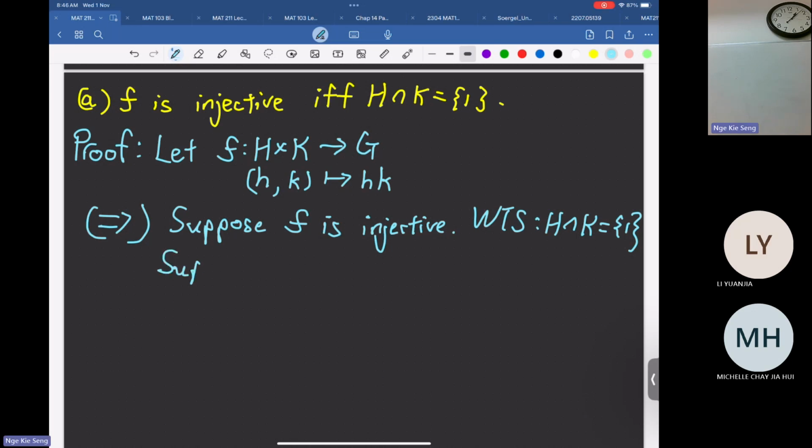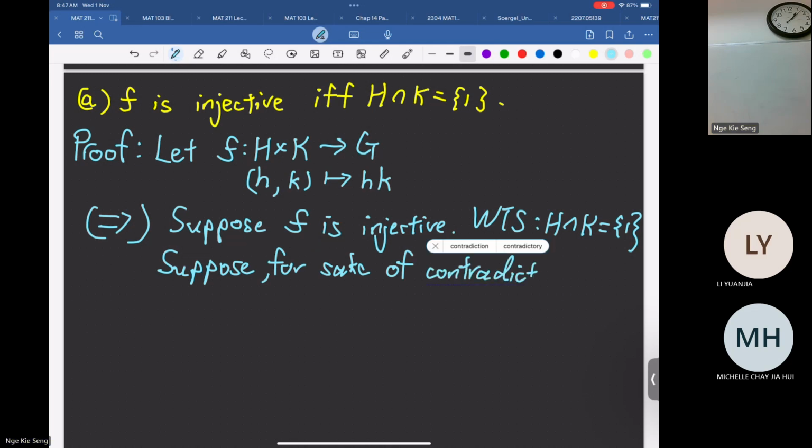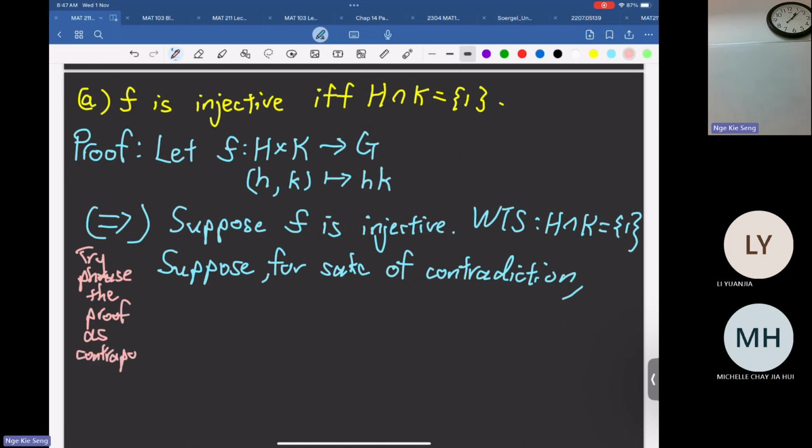You can phrase it as contrapositive. I'll phrase it as contradiction, since I already start with f is injective.